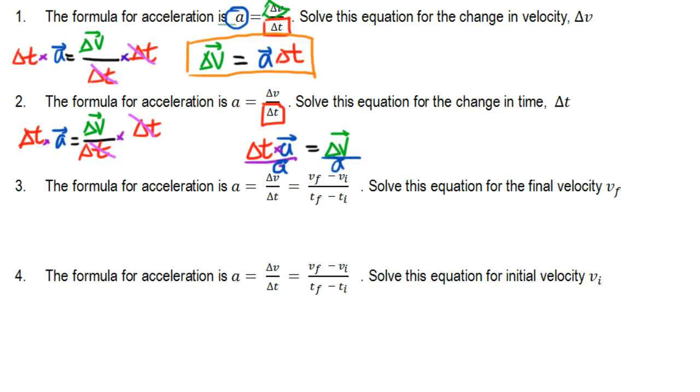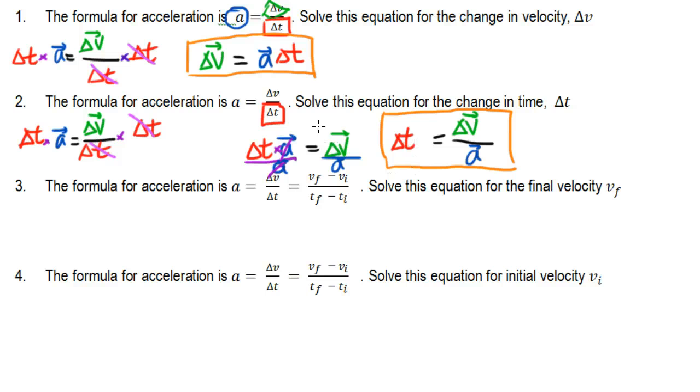Then the a's cancel on this side, so my final equation is delta t equals delta v divided by a, and that is my second derived equation. Okay, so remember, our base equation is a equals delta v over delta t. We derived delta v and we derived delta t.